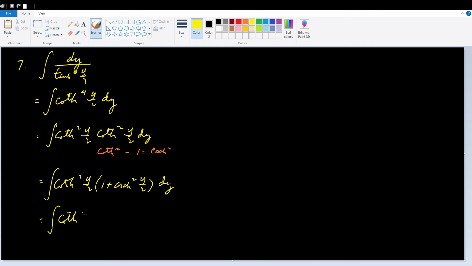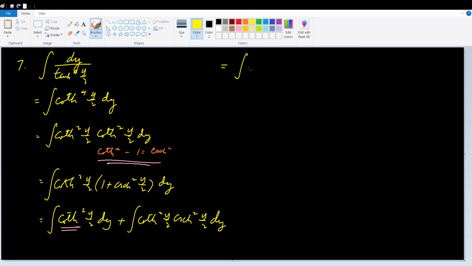Distributing: hyperbolic cotangent squared y over 2 dy plus hyperbolic cotangent squared y over 2 hyperbolic cosecant squared y over 2 dy. Once again, we apply the same identity to hyperbolic cotangent squared y over 2, so that becomes 1 plus hyperbolic cosecant squared y over 2 dy.